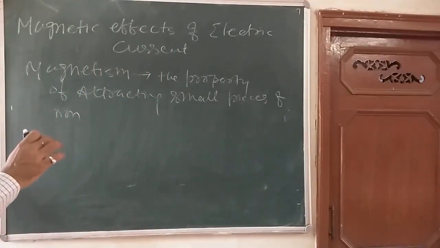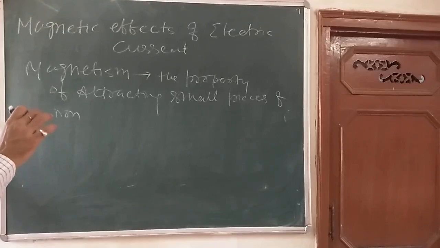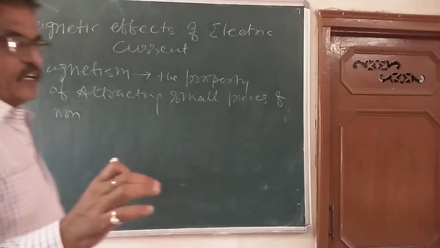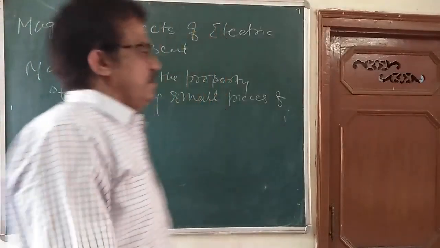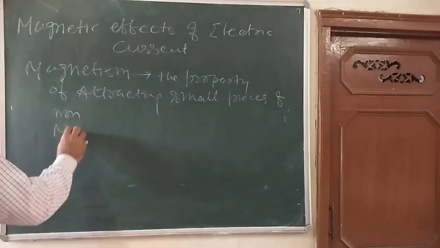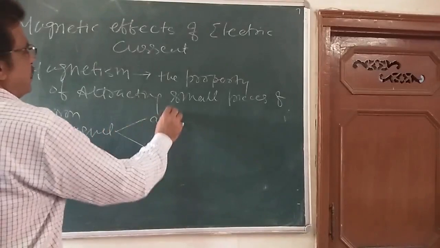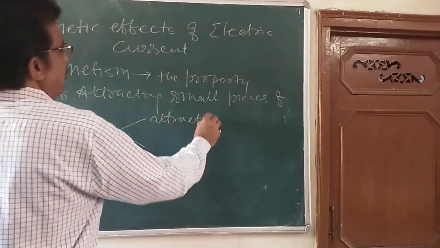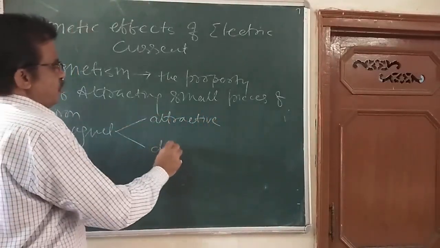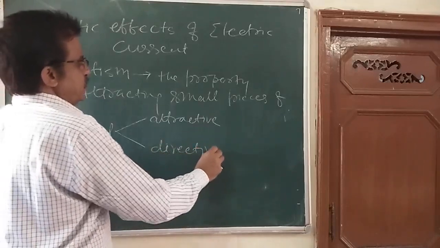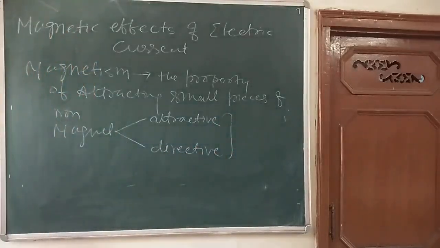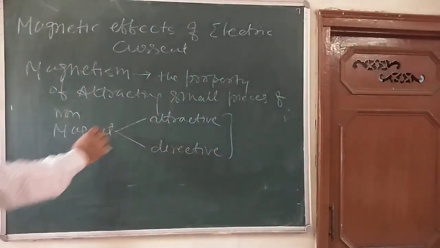A magnet is a substance which has both attractive and directive properties. It is clear? So this is the property of a magnet.